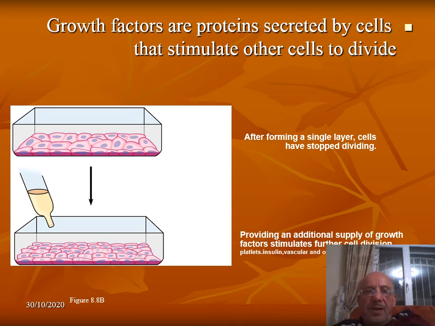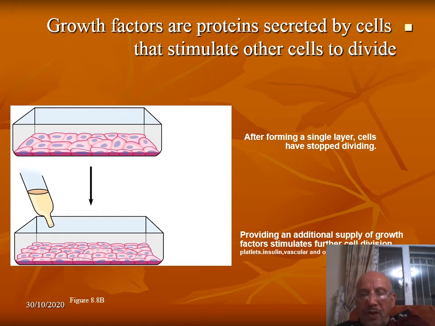Again, as we mentioned, if we have a plate like this, and we have a group of cells, and we provide these cells with growth promoting factors, they will continue to proliferate until making one layer. By adding other growth factors, they will continue to proliferate to make another layer.